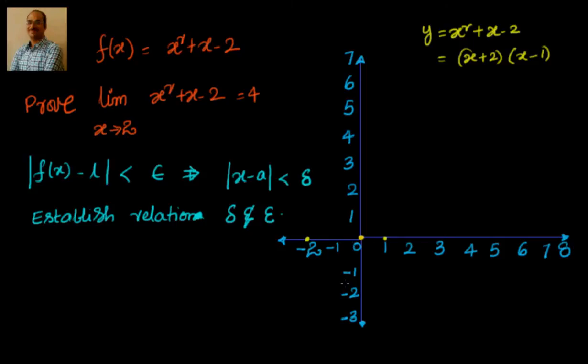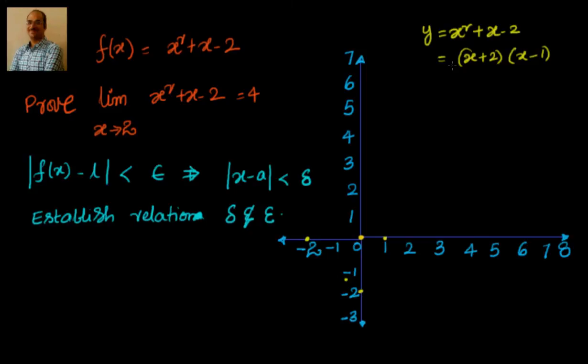Another thing we know is that if x equals 0, y equals minus 2. So I know this point also, and somewhere here I should have my vertex. Let us say that's how it looks.